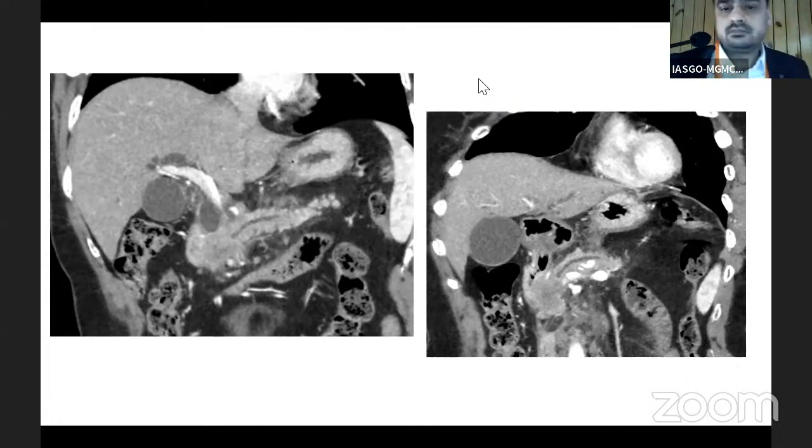Two points I want to make. When we are planning any drainage procedure like ERCP or PTBD, especially in the management of obstruction in resectable disease, it is always better to do cross-sectional imaging before putting in the catheter.